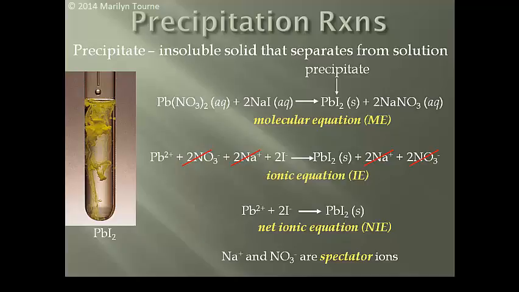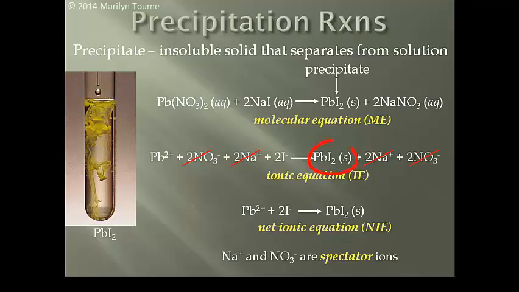Like I said, the molecular equation tells us everything that is in the reaction. As pointed out earlier, the ionic compounds will dissolve in water, so they break apart into their component cations and anions. The next step is to find the ionic equation. The ionic equation is basically breaking up everybody into their respective ions, those formulas that can actually be broken up. Anything that's aqueous can be broken up into its respective ions.